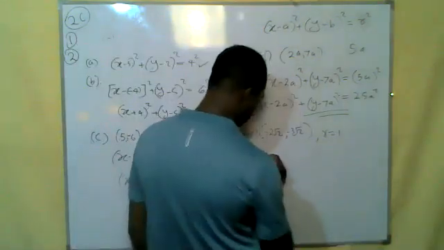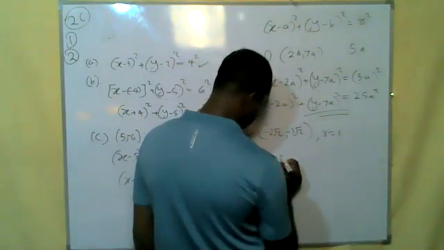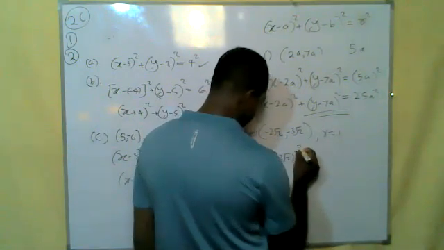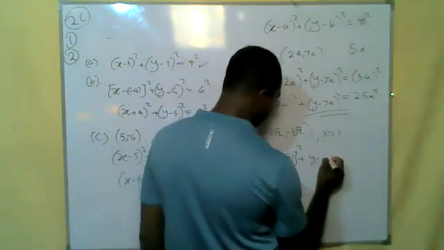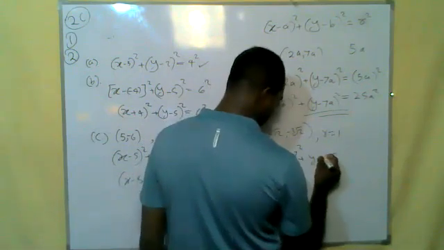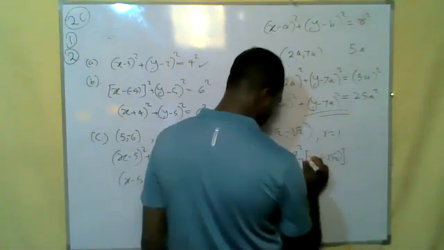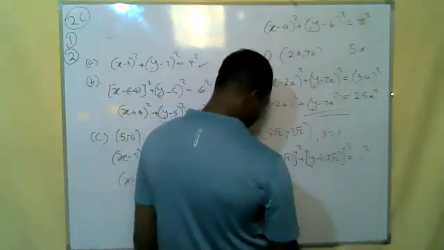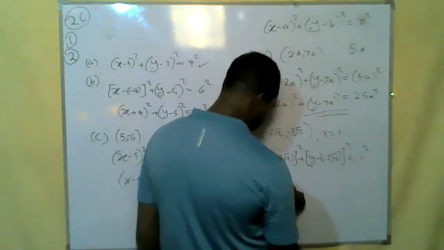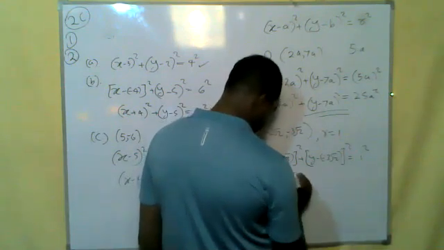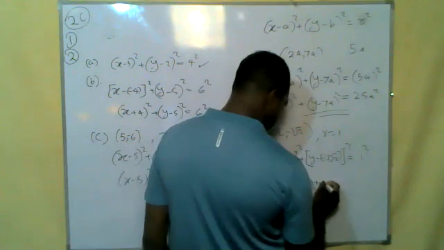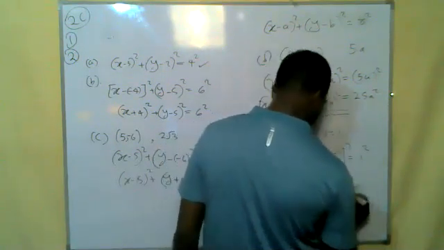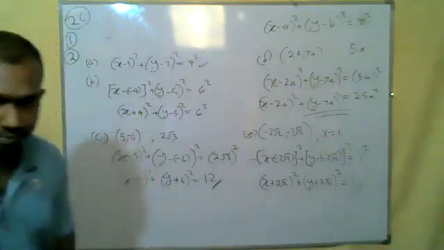The same thing: (x minus minus 2 root 2) to the power 2 plus (y minus minus 3 root 2) to the power 2 equals 1 to the power 2. So it's like (x plus 2 root 2) to the power 2 plus (y plus 3 root 2) to the power 2 equals 1.